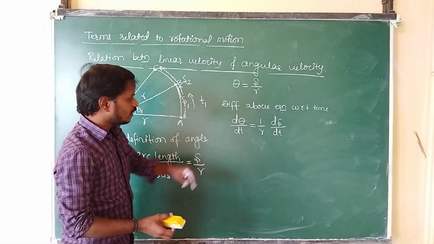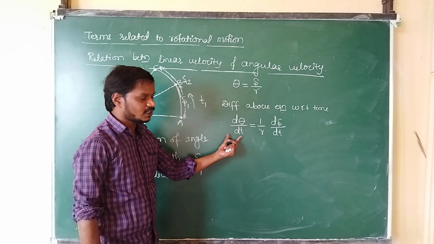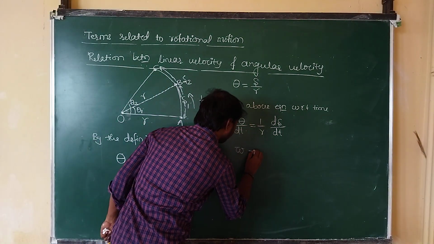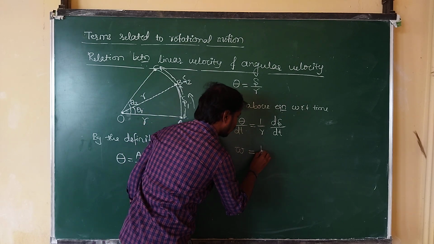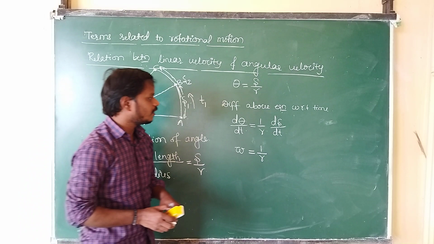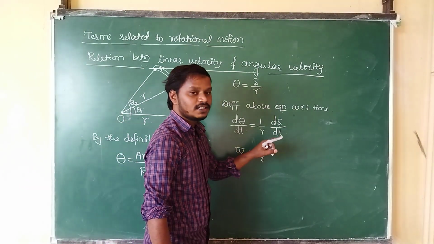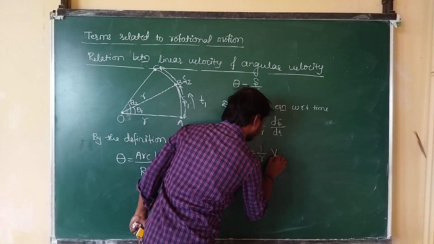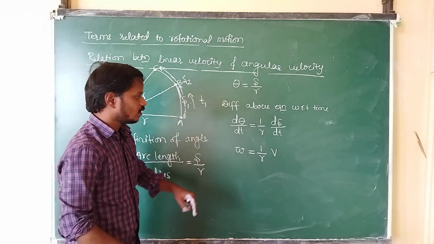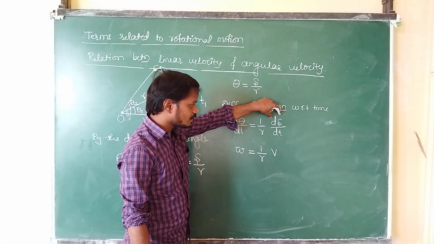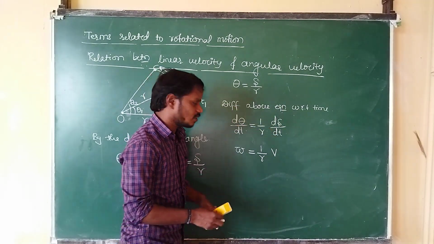The rate of change of angular displacement with respect to time is called angular velocity, and 1 by r is constant, since the radius is constant in the rotational motion of the body. Now ds by dt is the linear velocity of the rotating body, that is v. The rate of change of linear displacement is called linear velocity.